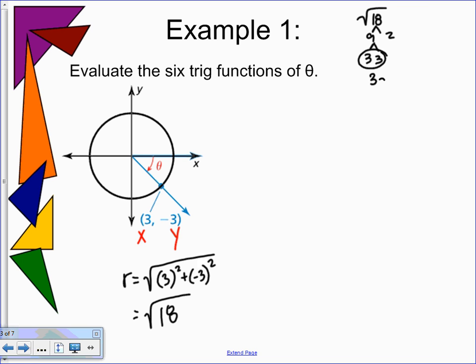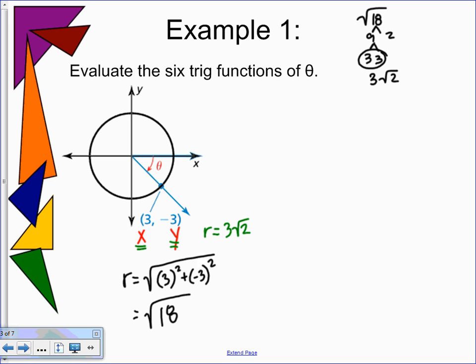So we could really call that 3 square root 2. So remember, I have x is 3, y is negative 3, and now I know r is 3 square root 2.